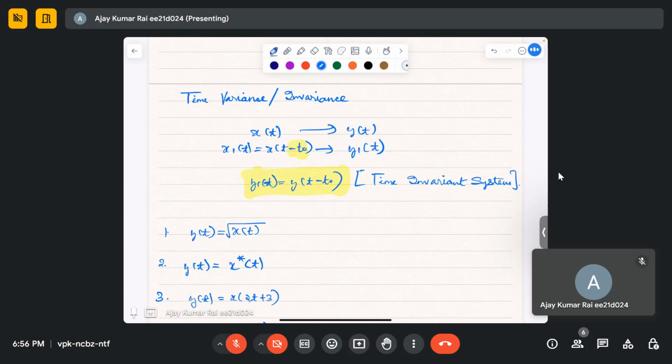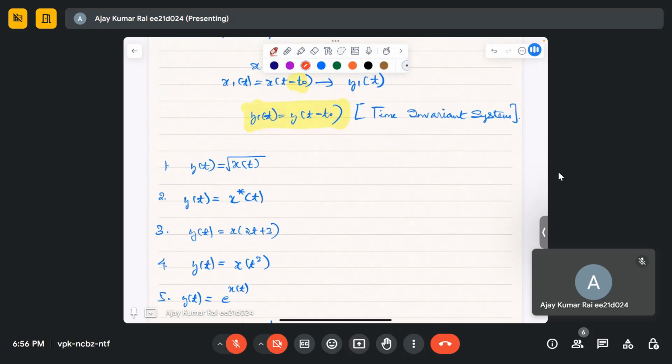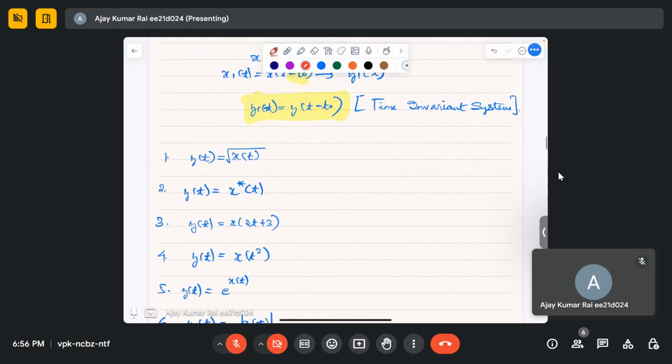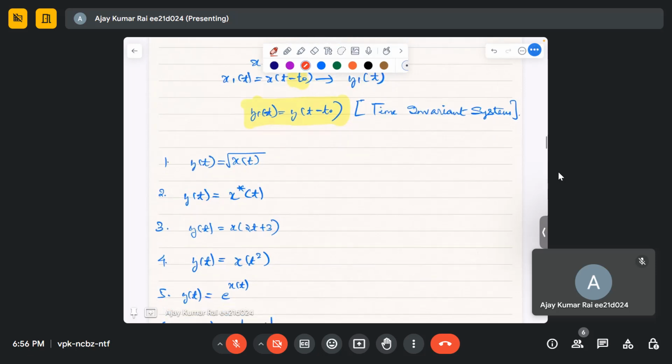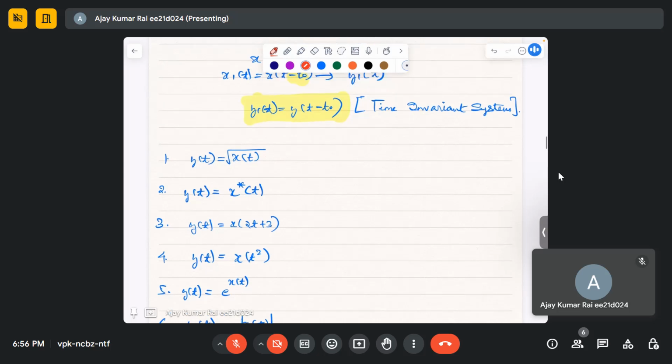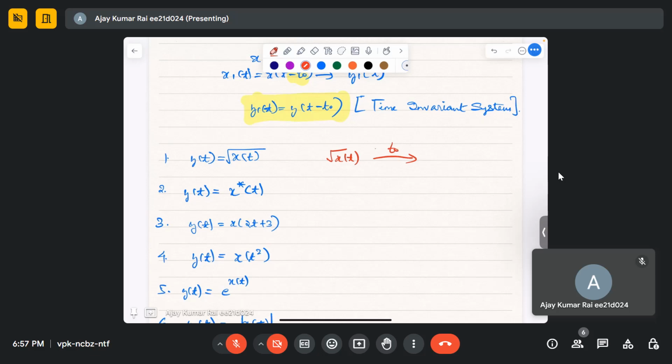Okay, let me do the first one. Let me find out whether this is time invariant or not. So yt equal to root of xt. So I'm just delaying the input by t naught. So xt, I'm just delaying it by t naught.